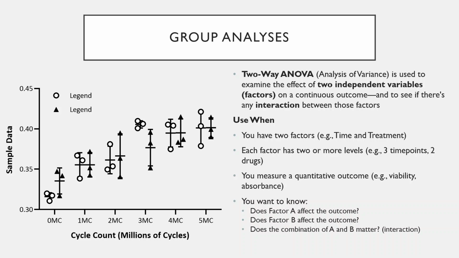It could be time and treatment, time and batches, demographics and time, like any of the examples I provided before. Each factor has two or more levels, right? I have two different sexes, I have 3 different time points, and so on. You're measuring a quantitative outcome, right?